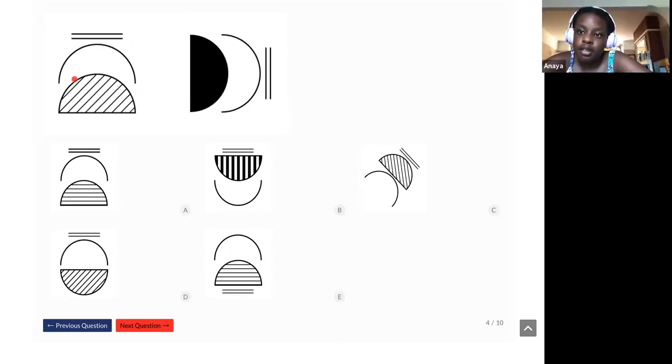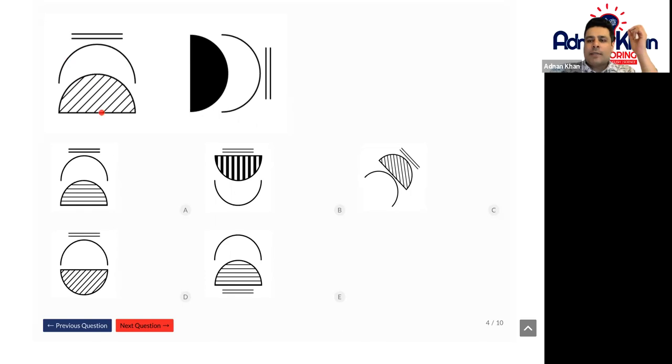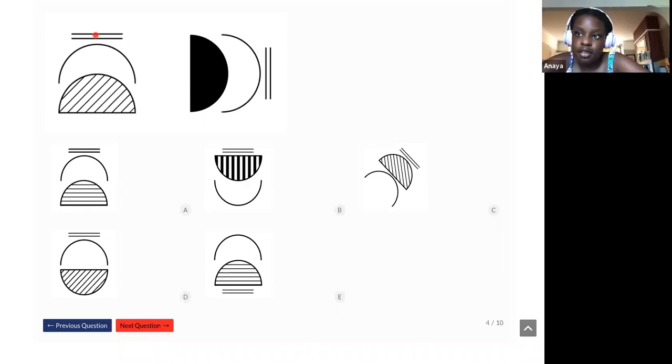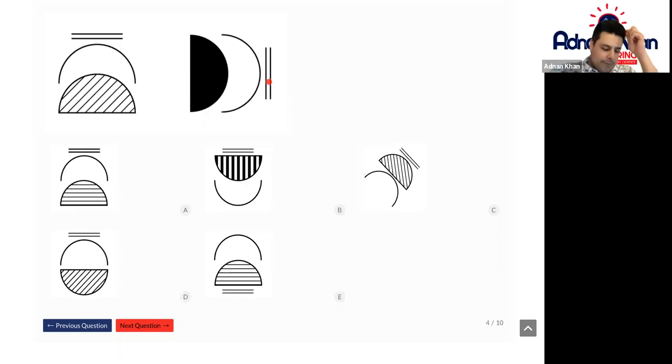Okay, so this is a shaded semicircle. This is the arc. And then on top of the arc, what do we have? Two lines, right? So now we need to find a figure that's similar from A, B, C, D, or E. And they could be turned around as well. They could have been rotated as well, possibly.